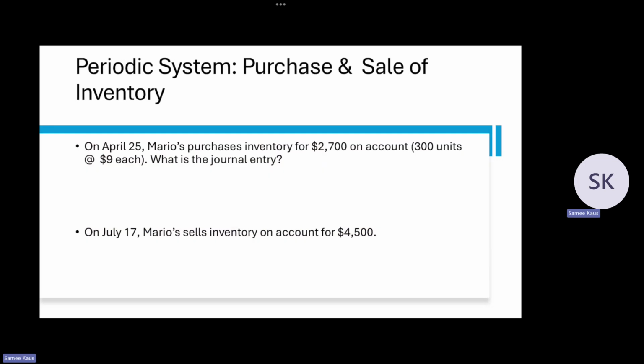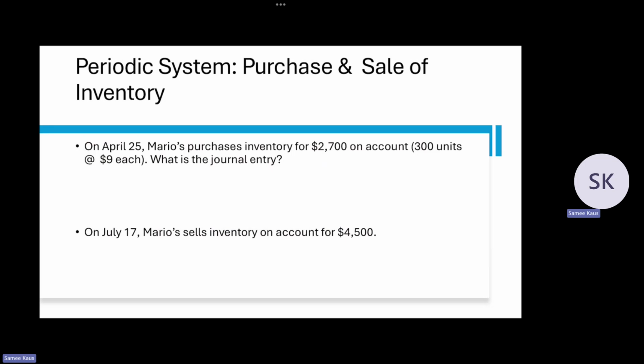We're going to say on April 25th, I purchased some inventory for 2,700 bucks on account. So what is my journal entry when that happens? Well, what am I getting?